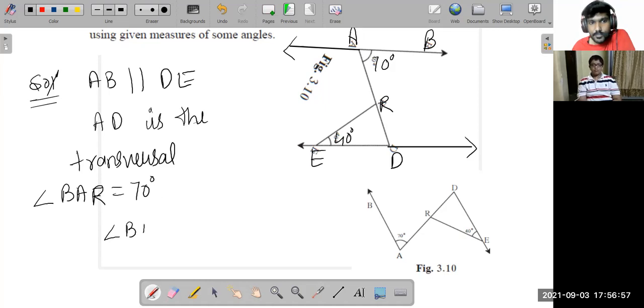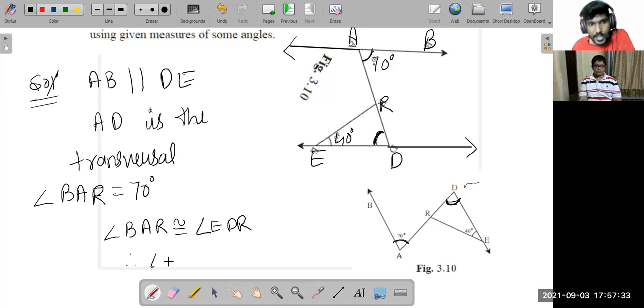BAR and EDR. So if you see in the above figure, it is this one and this one.